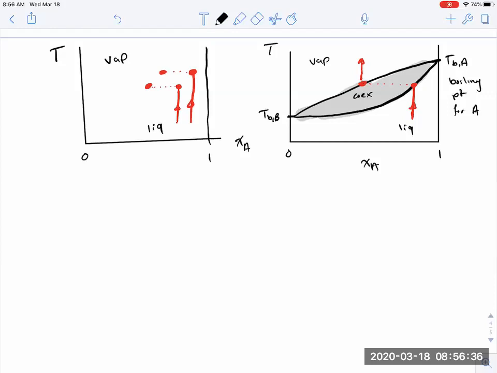This is an example which I think makes intuitive sense. I take a liquid that's less volatile. When I heat it up, I get a vapor which is depleted in that less volatile component. Could a vapor ever be enriched in a less volatile component?